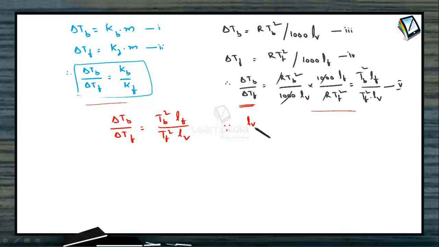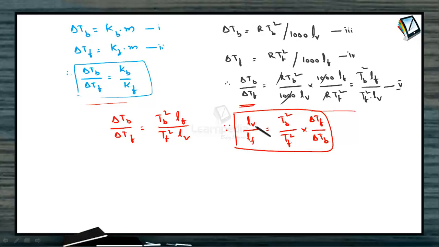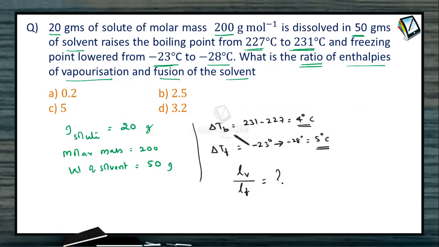Since we want the enthalpy of vaporization divided by enthalpy of fusion, therefore LV by LF is equal to TB square by TF square into delta TF by delta TB. So this is what we are asked to find, LV by LF. And we already know delta TB by delta TF is 4 by 5 from these two.